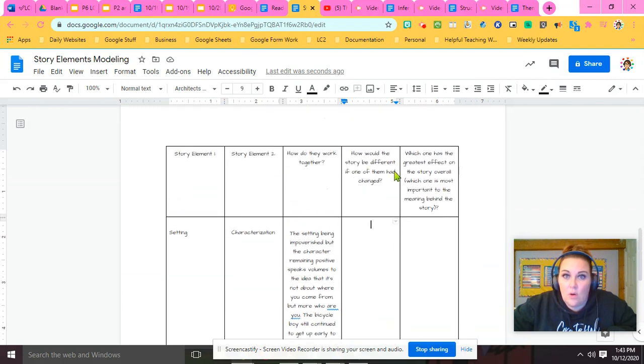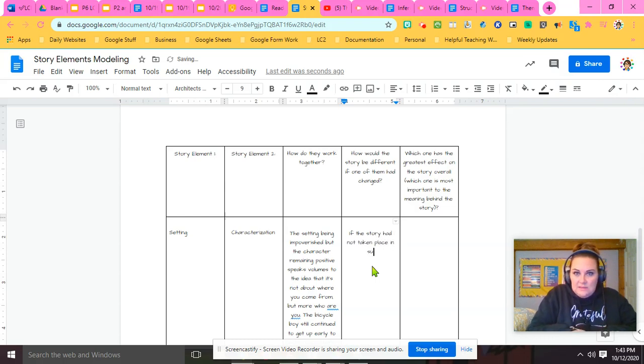Okay, so what's our next goal? How would the story be different if one of them had changed? If the story had not taken place in such an impoverished area, that means that they don't have a lot of wealth, right, then the hardworking nature of the individual, as well as his positivity, may have been overlooked.